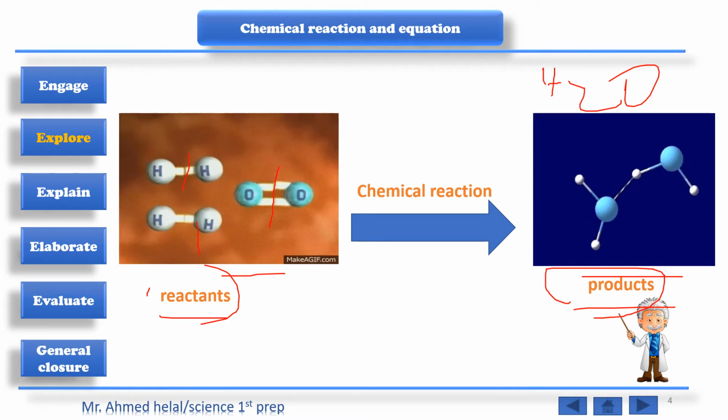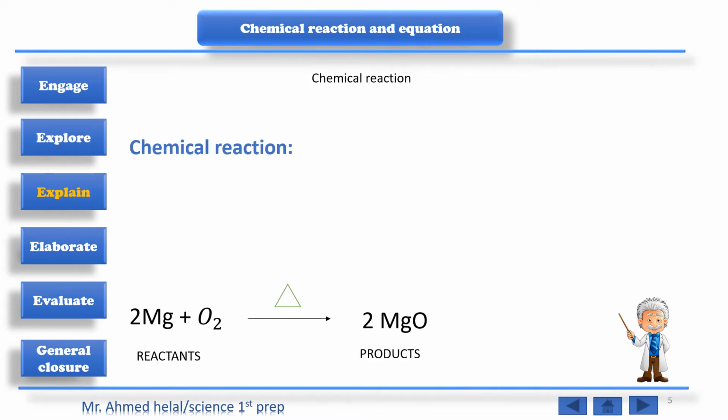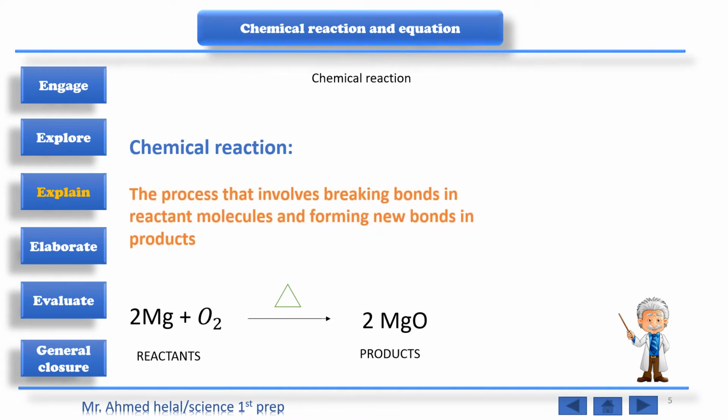This is forming bonds. So, the chemical reaction is the process that involves breaking bonds in reactants molecules and forming new bonds in products molecules. Here the reactants are Mg plus O2, equal to MgO, the product.